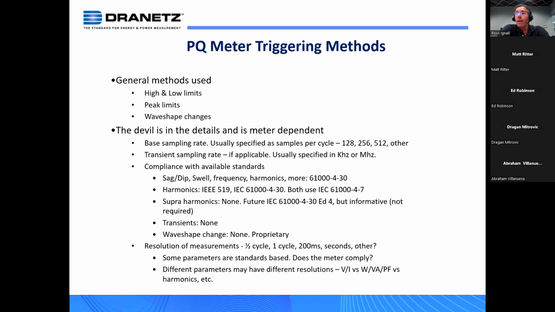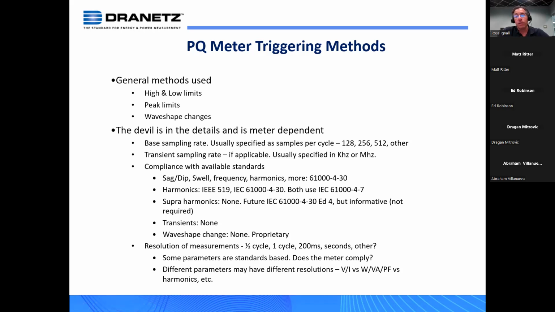The bottom line and big takeaway when you speak of these general methods, some of them more specific, is that the devil is in the details of how they're implemented and what the specs of that meter are. There are different specifications, such as the base sampling rate, which is the detail of the digitization of the waveshapes.